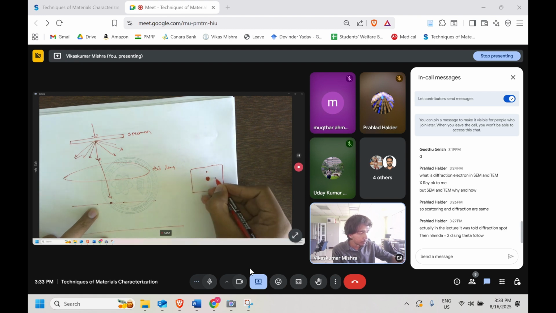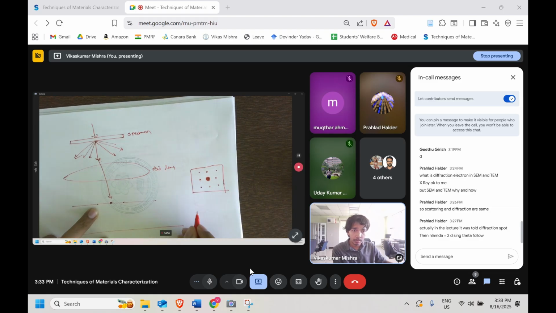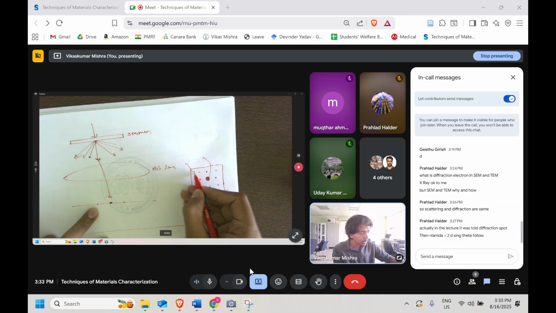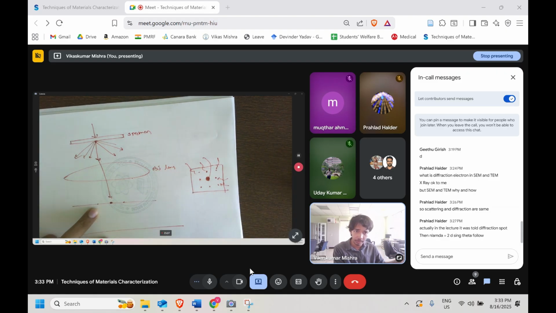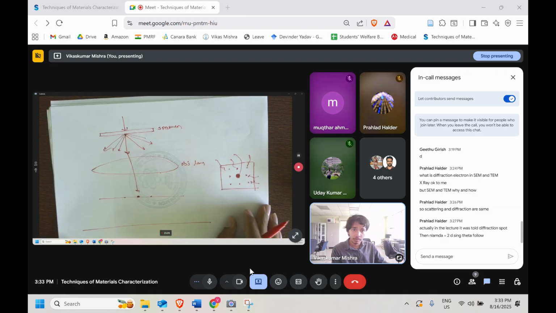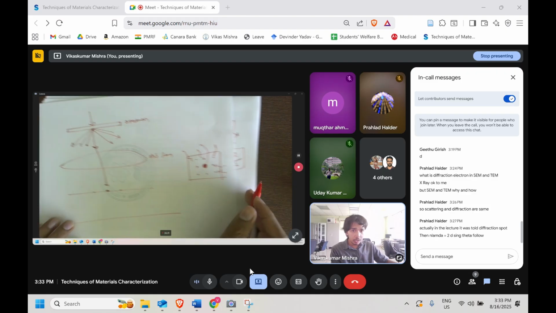I will get the diffracted beams. This will be the diffraction pattern. So this is the direct beam, and the remaining spots are the diffraction which is happening from different grains, different planes.